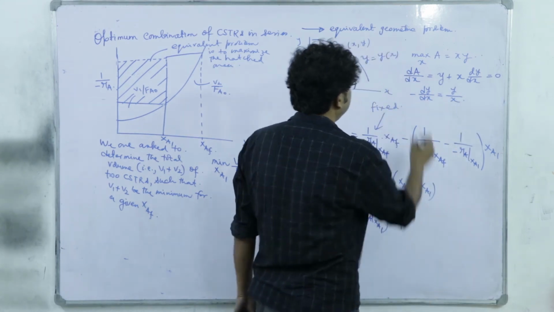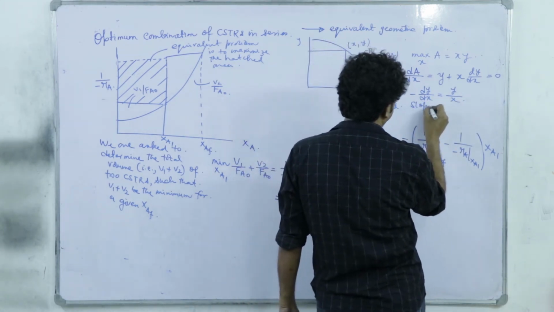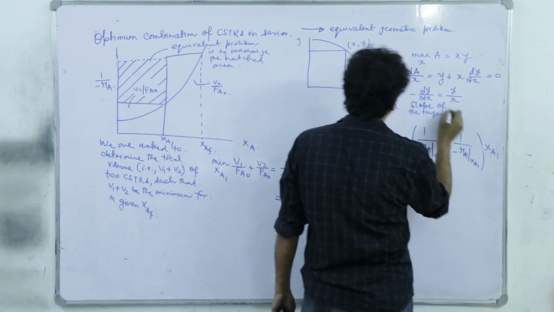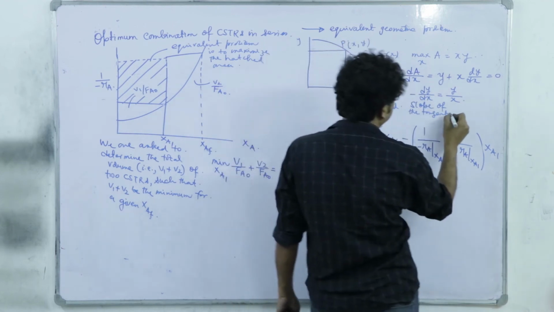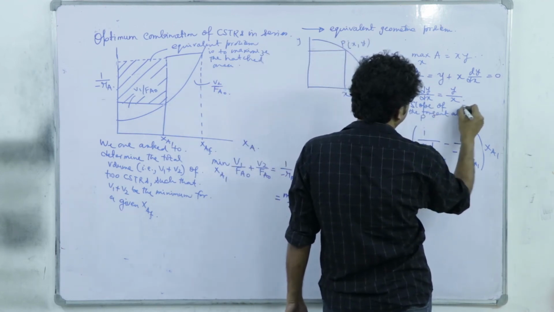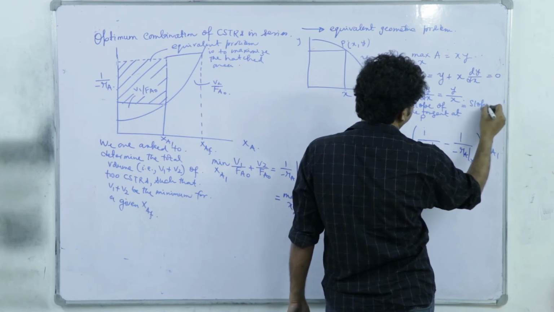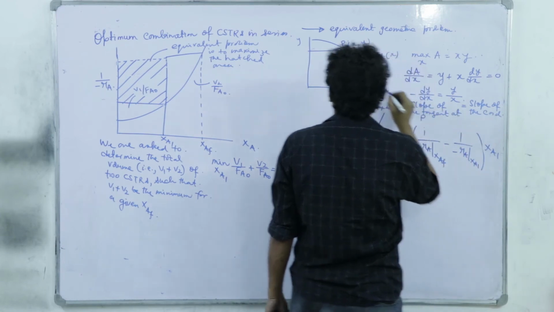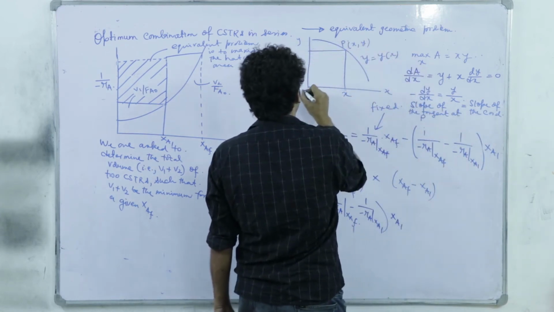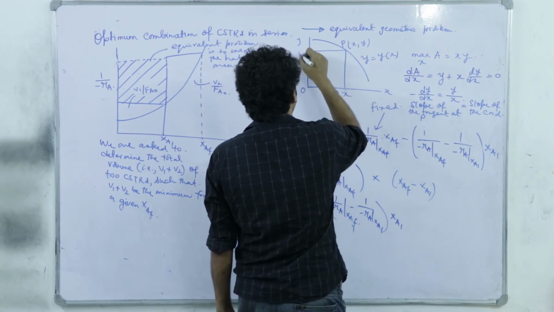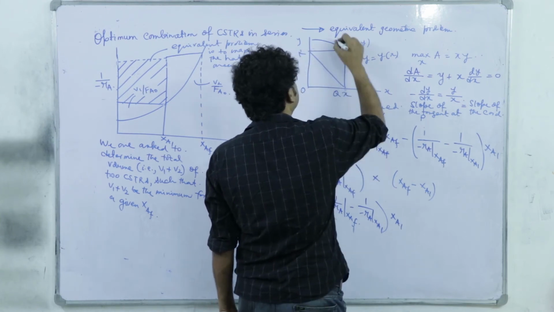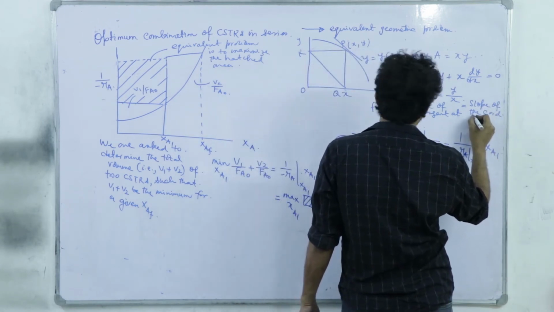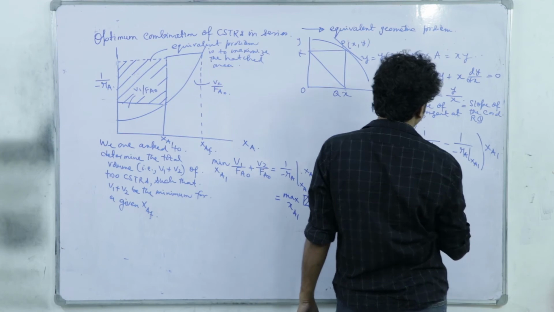What does it mean? This means the slope of the tangent at the point P is equal to the slope of the chord, say O, Q, R. So, these two must be parallel, the slope of the chord RQ, right.